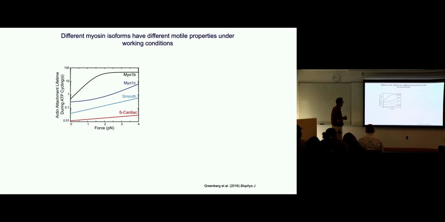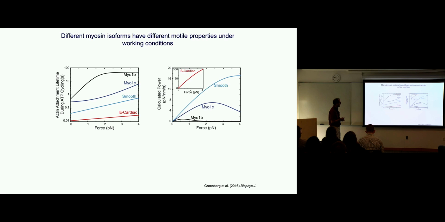So if you look at the actin attachment lifetime as a function of force for different myosins, you can see these orders of magnitude differences in the ATPase cycling. And this translates to very different power outputs for different myosins.